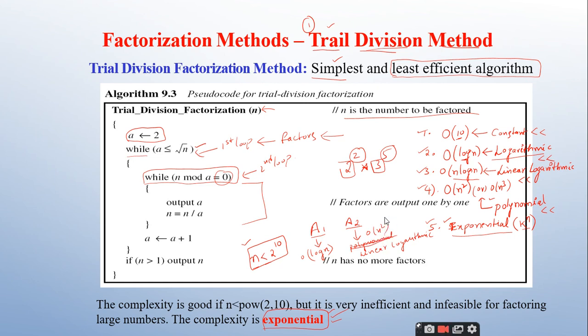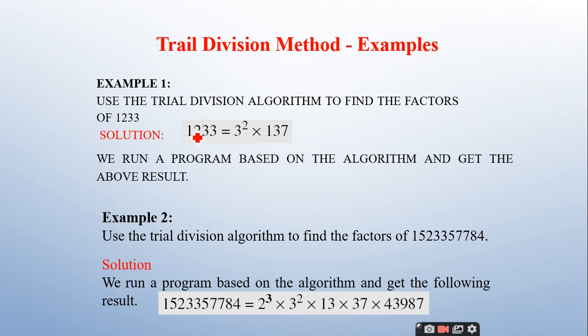So these are the two examples given using the trial division method. When you give n as 133, you will get two numbers. 3 is a prime number, and 137 is also a prime number. So 3 and 137 are identified in the first loop. These squares are the exponents, here 137 power 1.